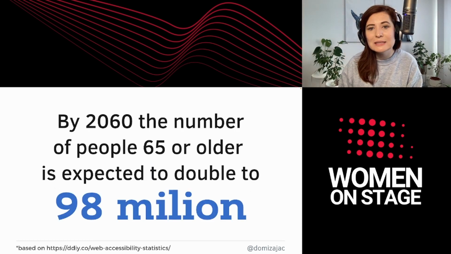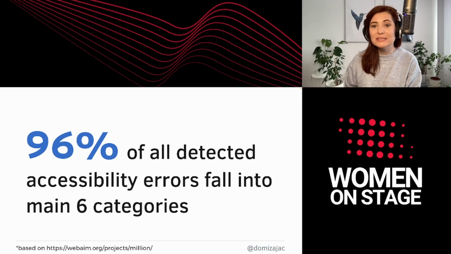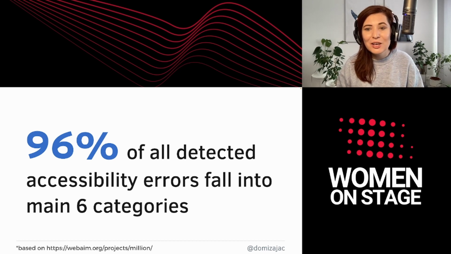By 2060, the number of people 65 or older is expected to double to 98 million. But there are also good stats. 96% of all detected accessibility errors fall into main 6 categories. So we can easily improve accessibility of our web pages, addressing only those types of problems.